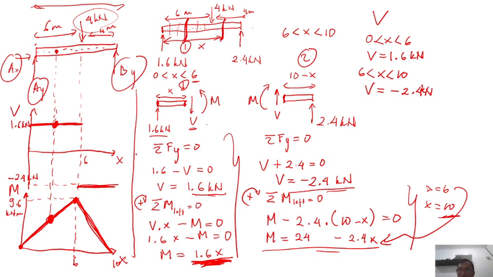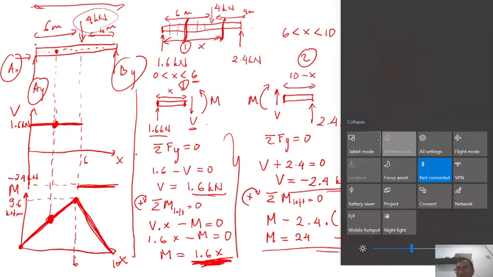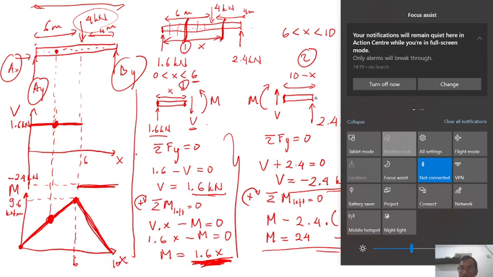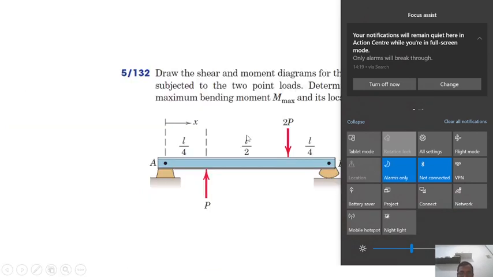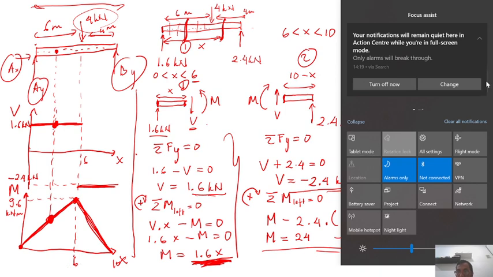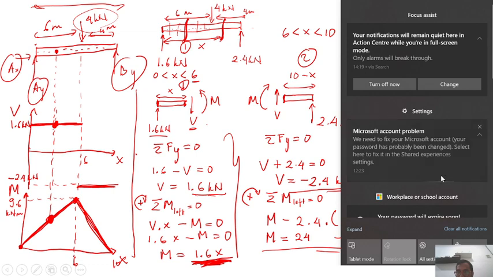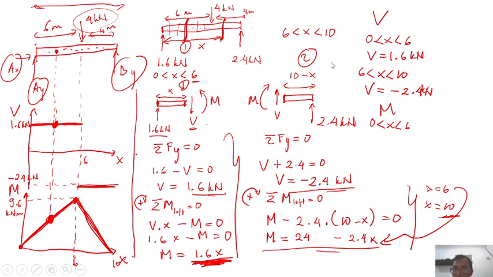For the moment, the equation that we will have between 0 to 6 will be 1.6x.